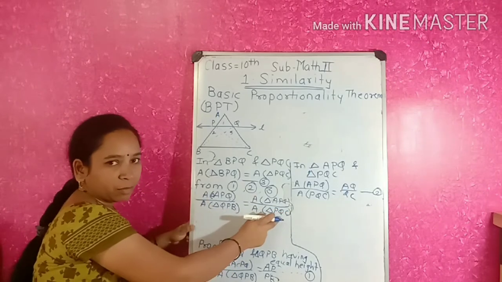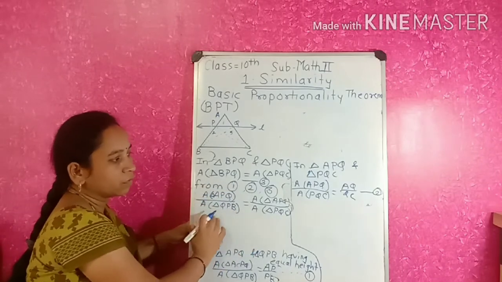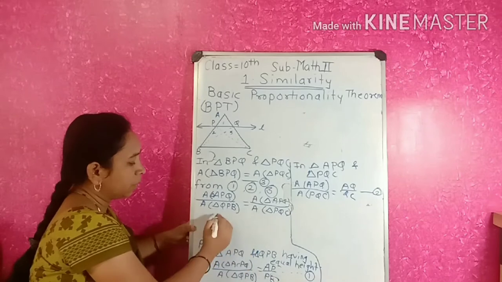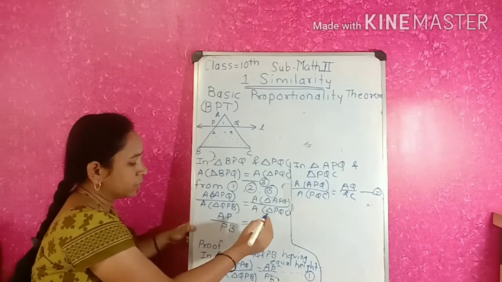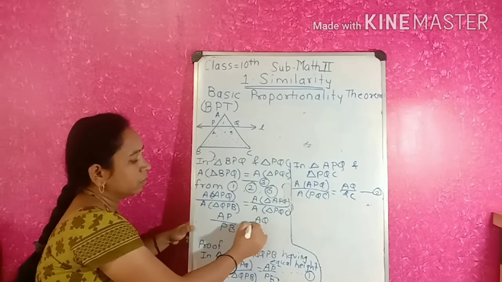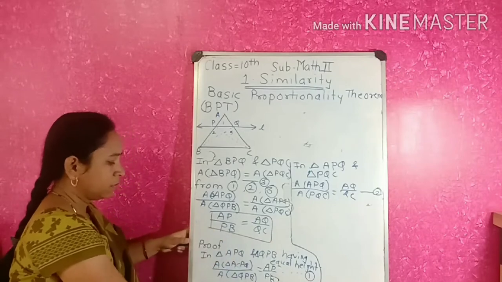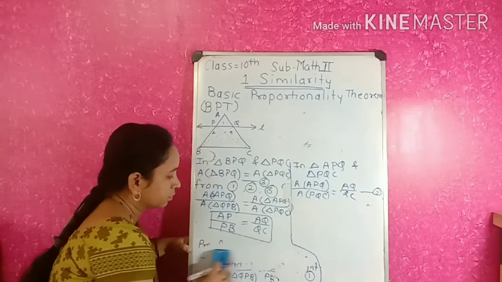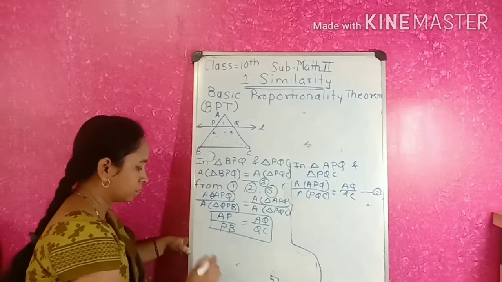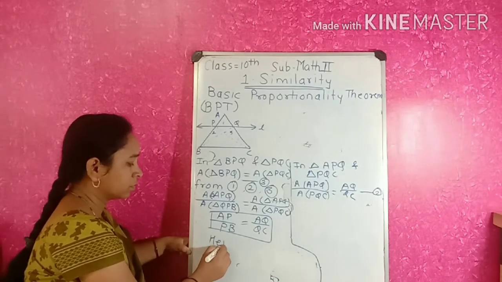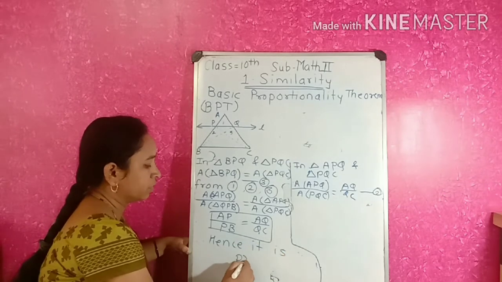Numerators are the same, denominators are also the same, that means all these are equal. So if these are equal, that means AP upon PB is equal to AQ upon QC. Hence it is proved.